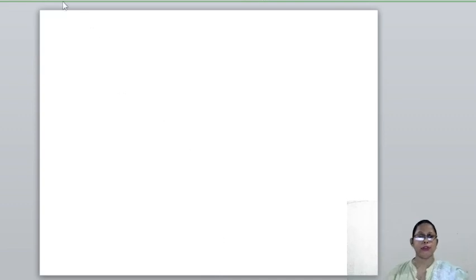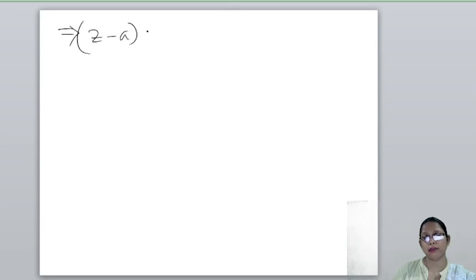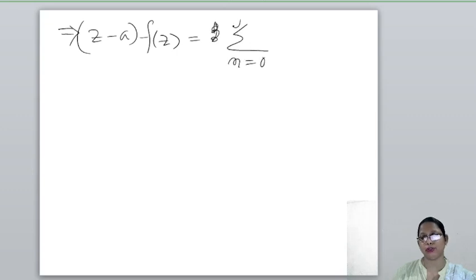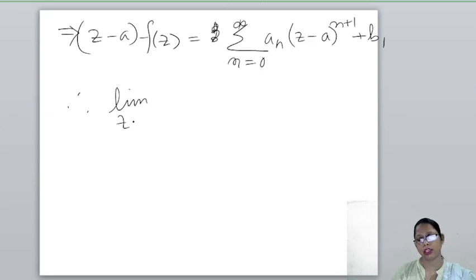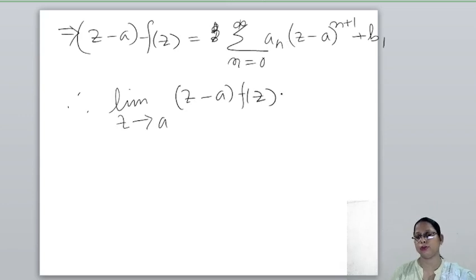In the next step, we can write this as (z minus a) f(z) equal to the sum over n equal to 0 to infinity of a_n (z minus a) to the power n plus 1, plus b1. Therefore, limit z tends to a of (z minus a) f(z): here this is the analytic part, so it is equal to 0, and it will give you b1.